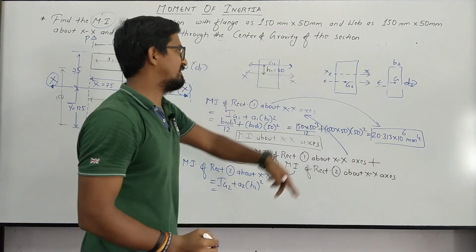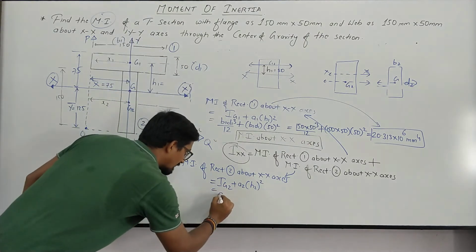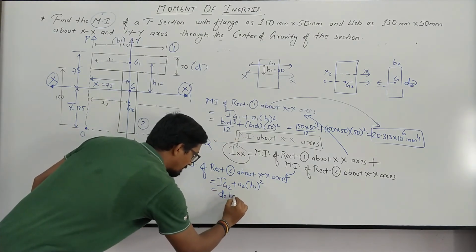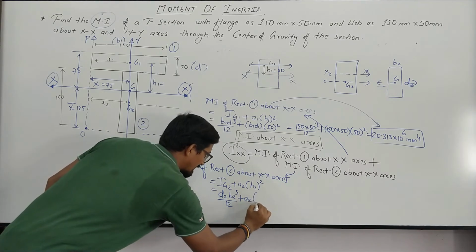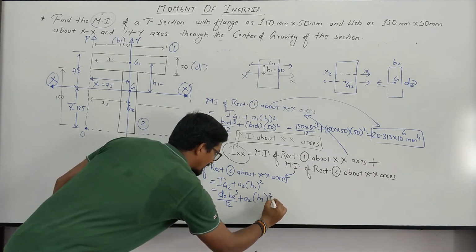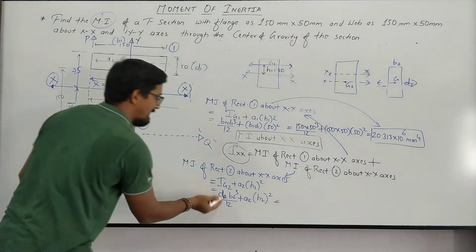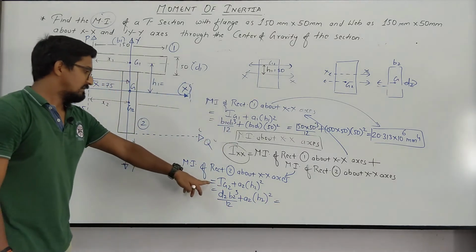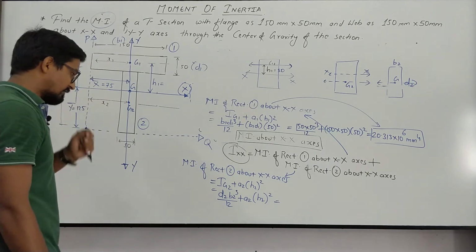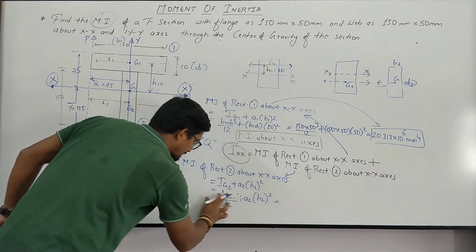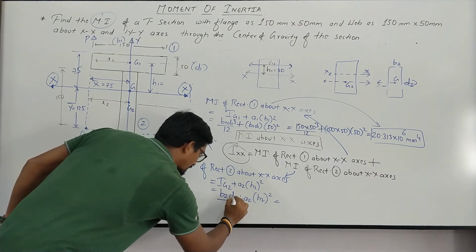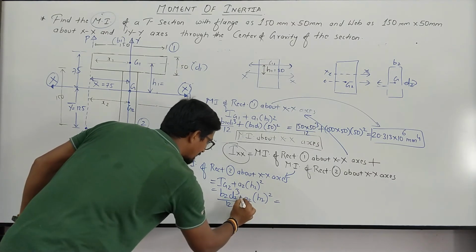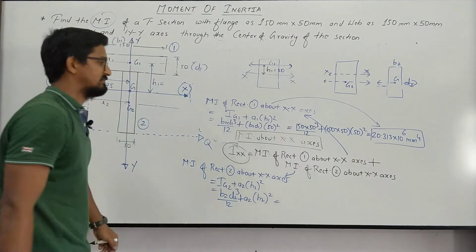So Ig2 is, my mistake, it will be b2 d2 cube by 12, bd cube by 12, plus area into h2 square.